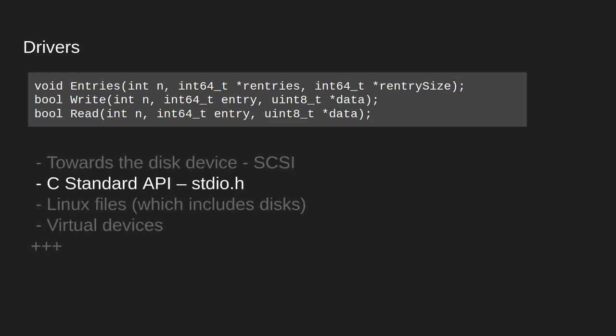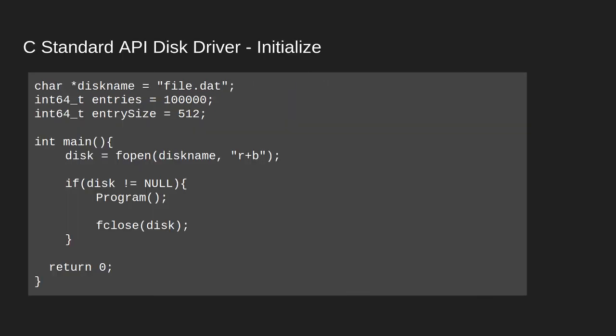Let's look at an implementation where we implement these 3 instructions using the C standard API. We will first need to initialize our file on the disk. In this example, we enter our main function and we open a file called file.dat.